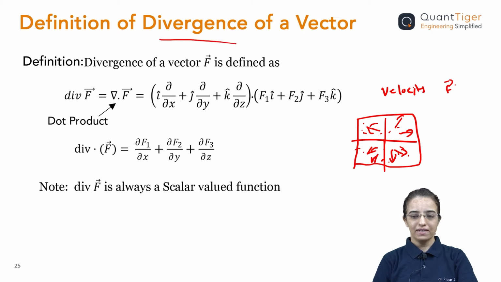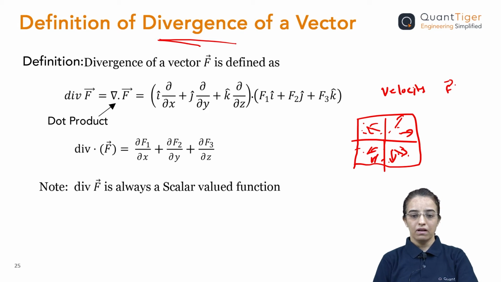Basically what does it tell? When it is outwards, then we can say that it's positive. So basically it tells whether the fluid is diverging or collecting at a particular point in the vector field. So that's how it is useful, but it doesn't tell about any direction as such.